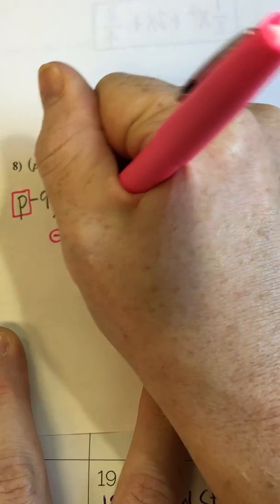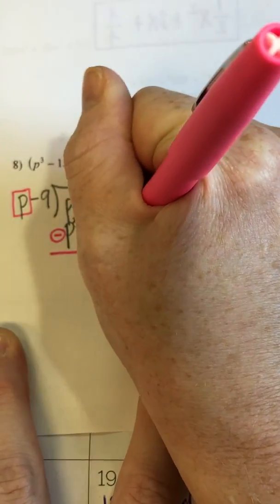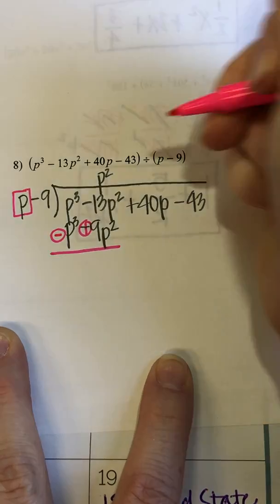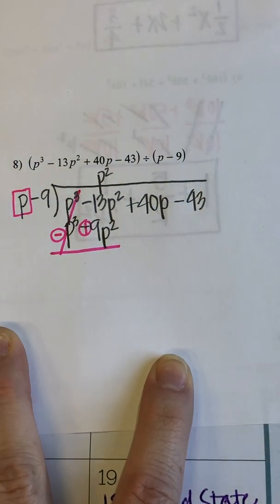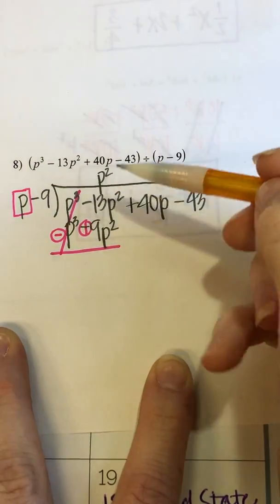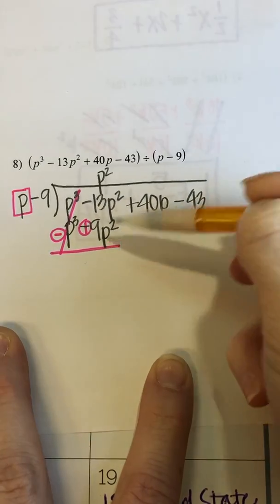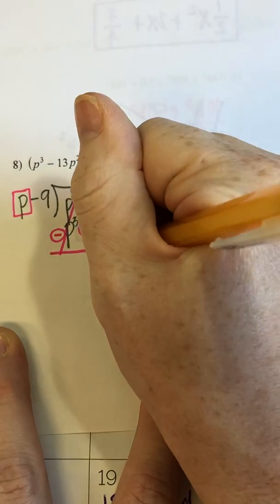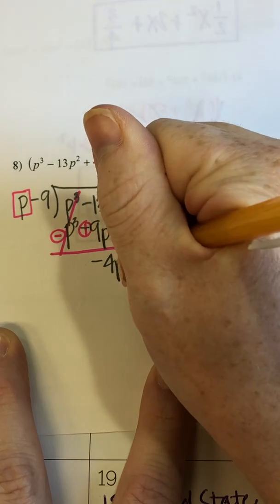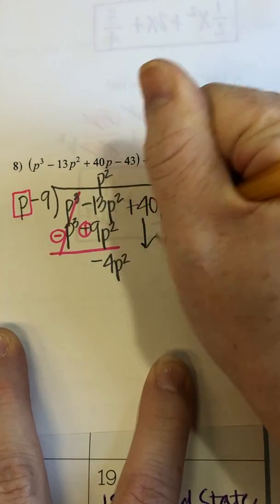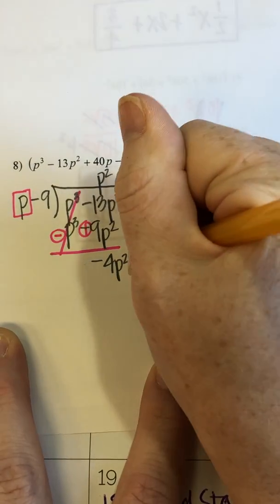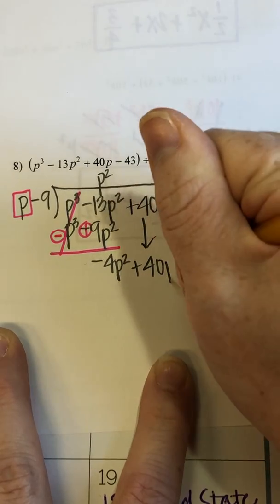So I come subtract. If it was negative, remember it turns positive. Those cancel. What is negative 13 plus 9? Negative 4. So negative 4p squared. And I'm going to drop this other stuff down beside it.